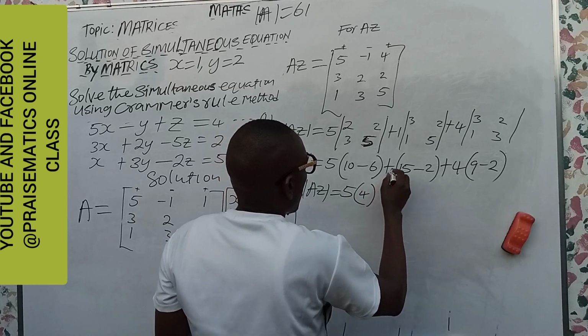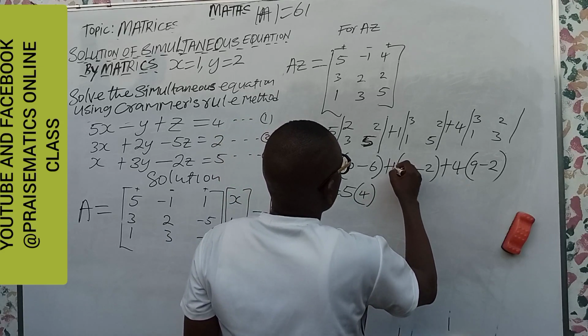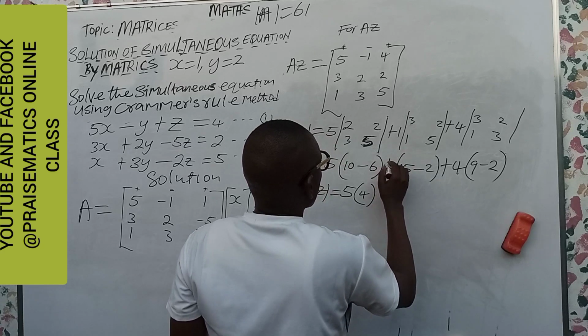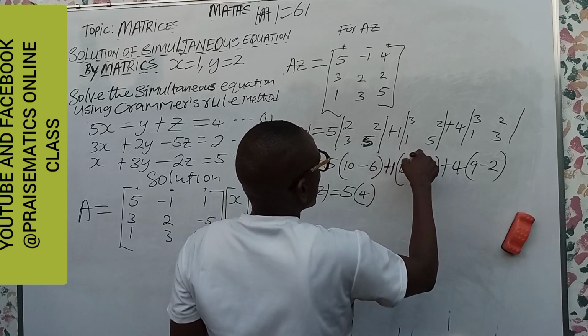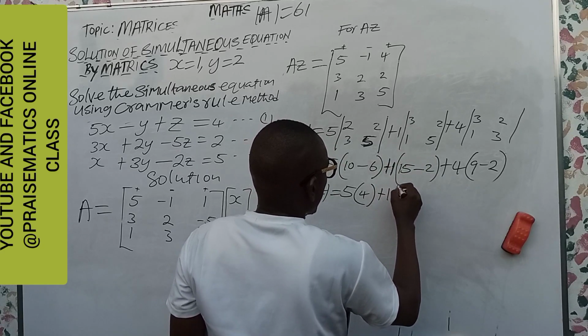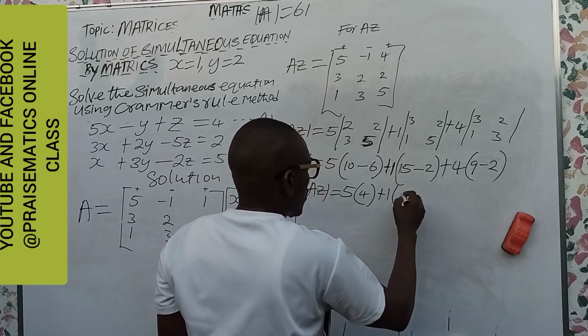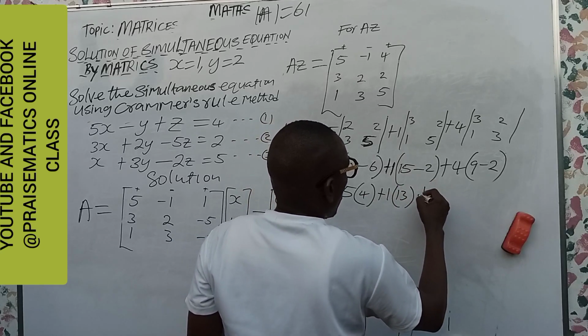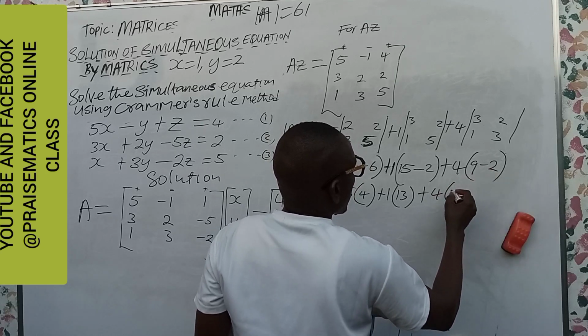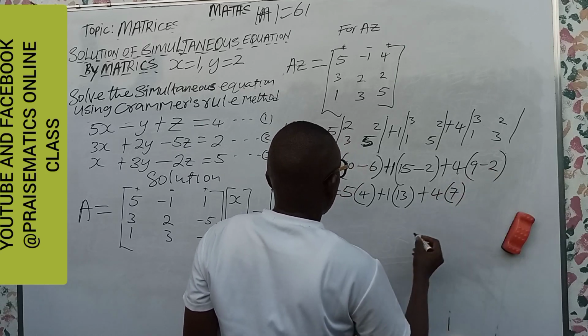Close it. Plus, remember that this is 1, no? Plus 1 into 15 minus 2 will give us 13. Close it. Plus 4 into 9 minus 2 will give us 7. Close it.